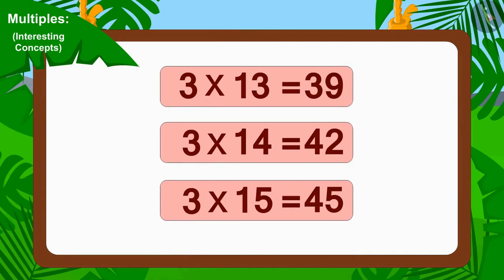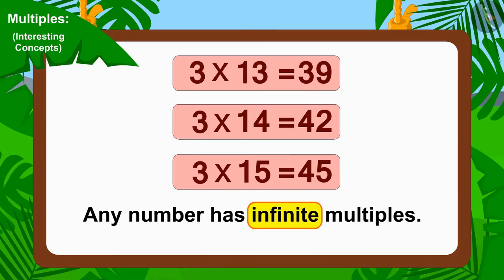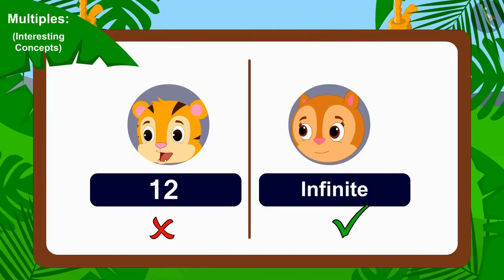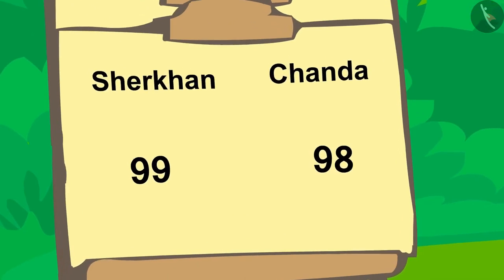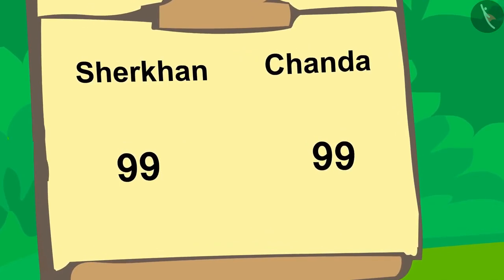We can multiply any number with infinite numbers. So, any number has infinite multiples. This means Chanda's answer is correct. Once again, the scores are equal.